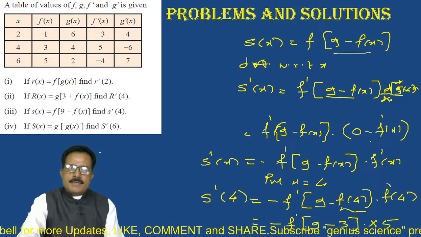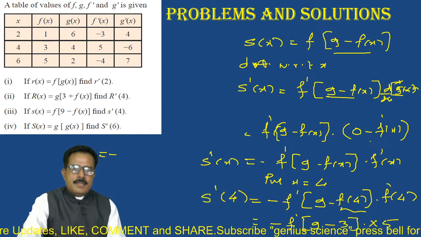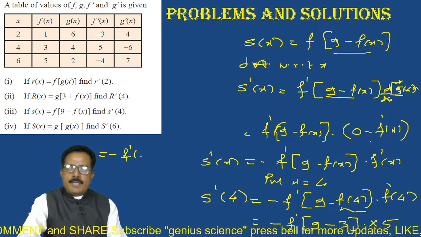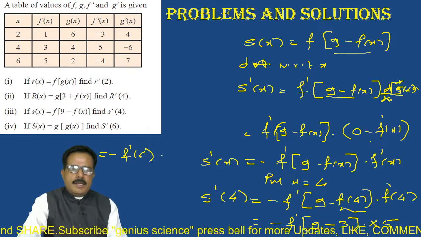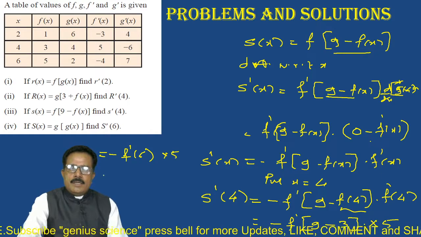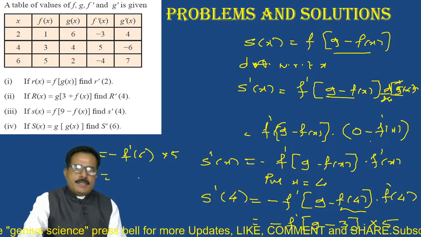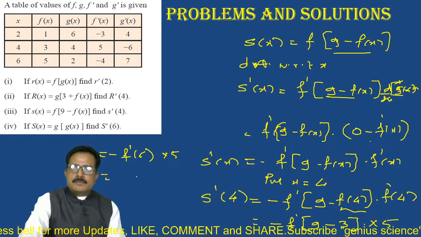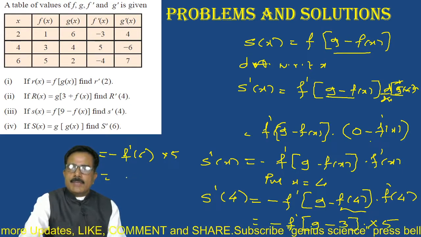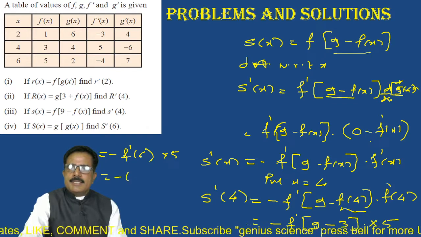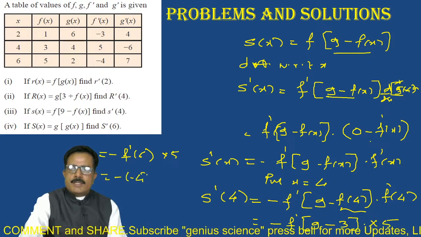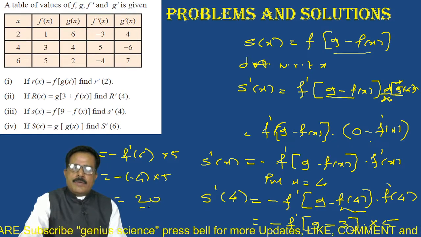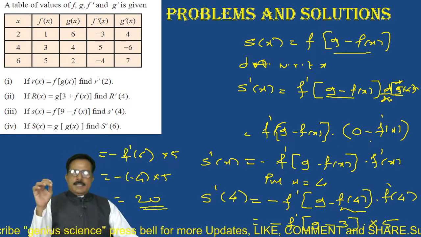Now solve this: minus f dash of 9 minus 3, that is 6, into 5. What is the value of f dash of 6? According to the table, f dash of 6 is minus 4, so minus into minus 4 into 5 equals 20. This is the result.